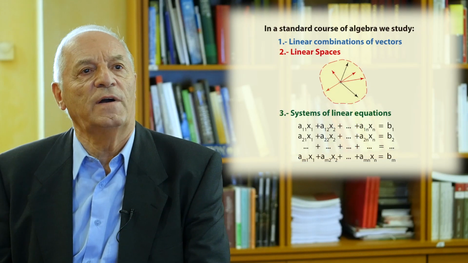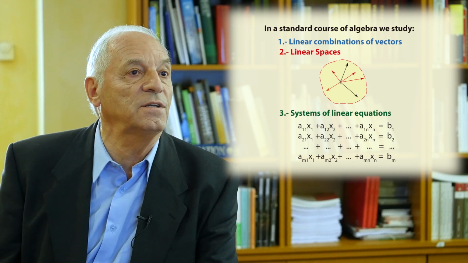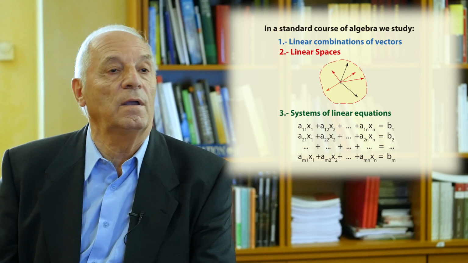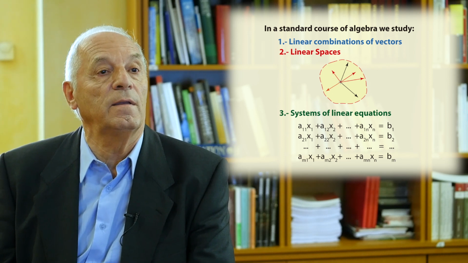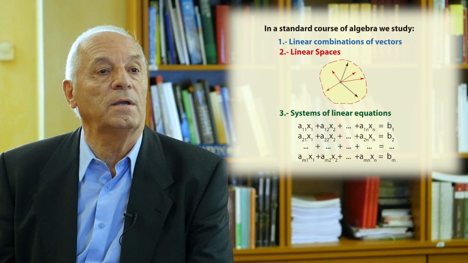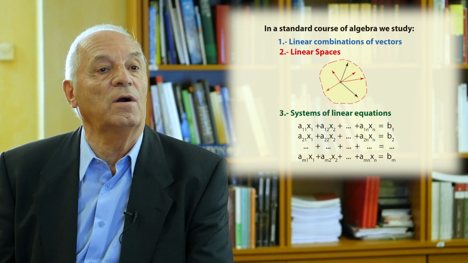In a standard course of algebra, we study linear combinations of vectors, that is, linear spaces. We also study other things like matrices, determinants, intersection of subspaces, etc., and also systems of linear equations.